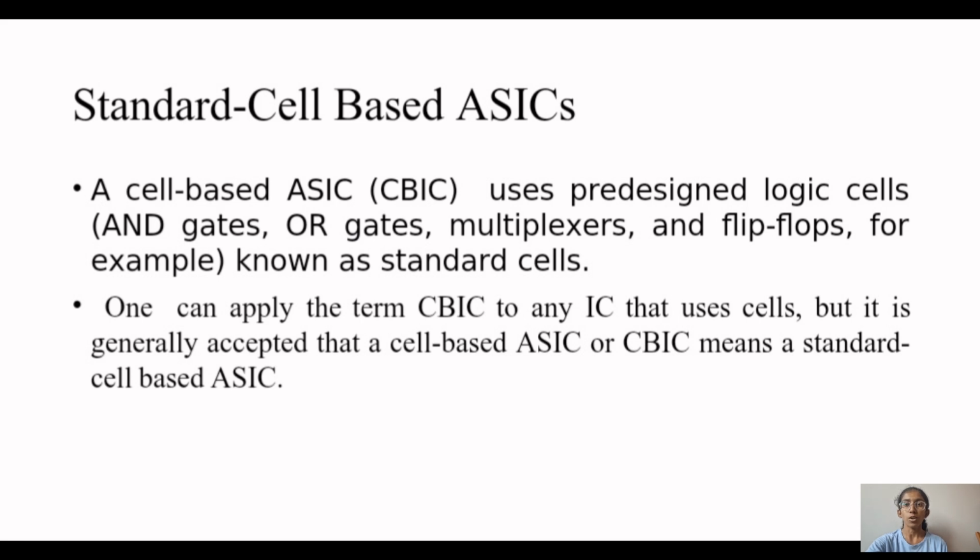Of these two, let me first explain the standard cell based ASIC. A standard cell based ASIC, that is CBIC, uses pre-designed logic cells such as an AND gate, OR gate, multiplexer and flip-flop, for example, which are known as standard cells. One can apply the term CBIC to many ICs that use cells, but it is generally accepted that a cell based ASIC, or CBIC, means a standard cell based ASIC.